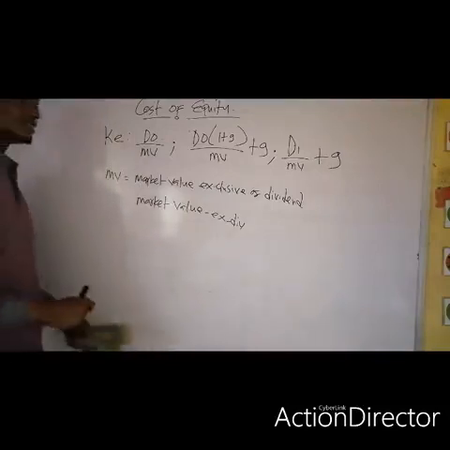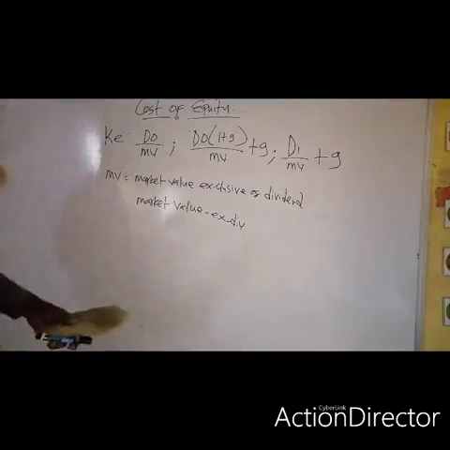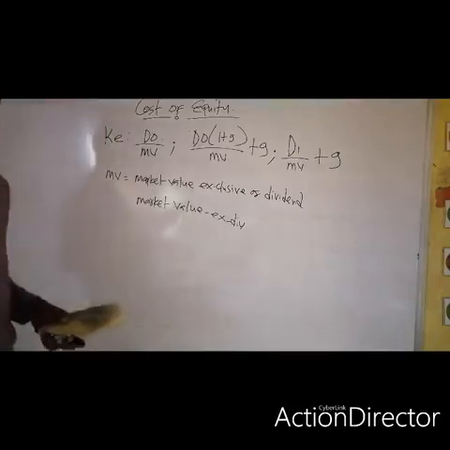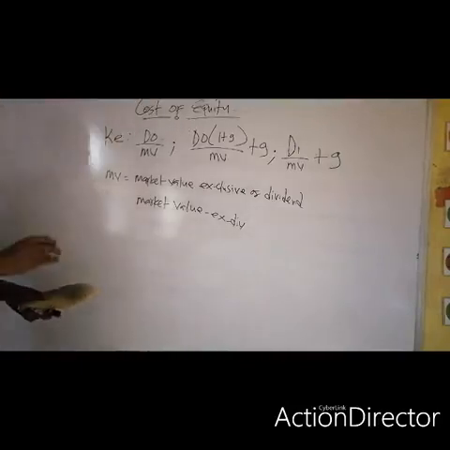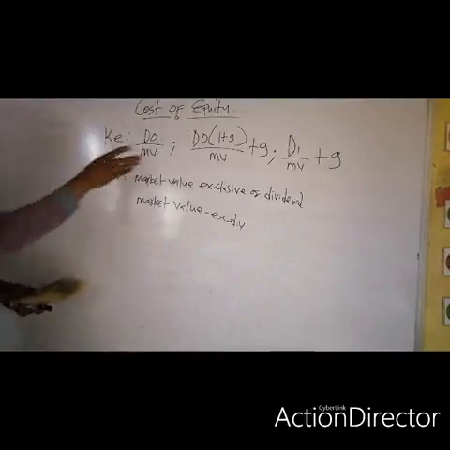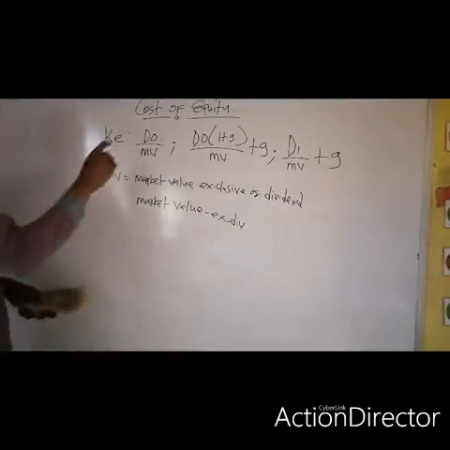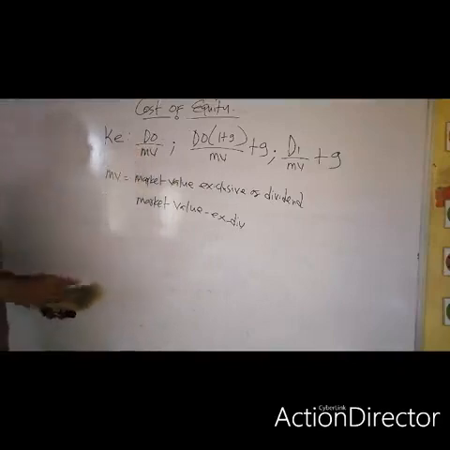There are major things that you need to watch out for, majorly three, to determine whether the market value given to you in the question is inclusive of dividend or exclusive of dividend.